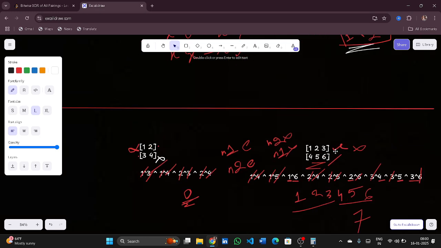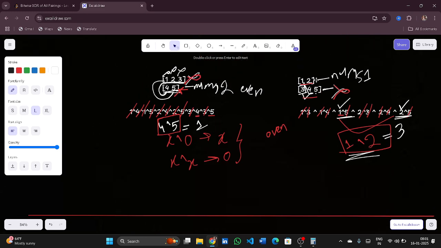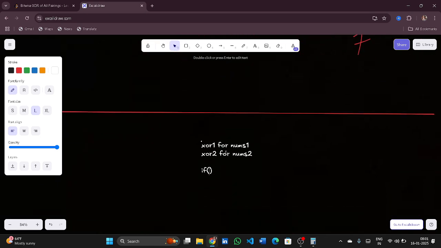I will consider only if nums1 size is even, then I will not consider nums2, right? If size of nums1 is odd, consider XOR2, not nums2. Here we have calculated XOR2 and XOR1.